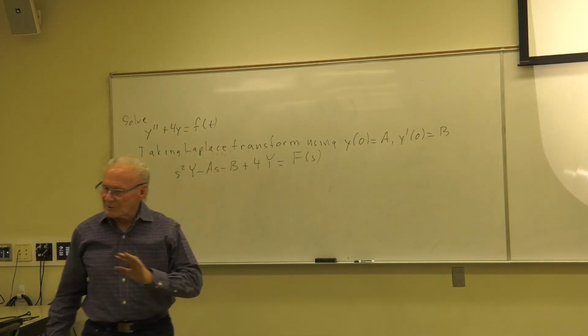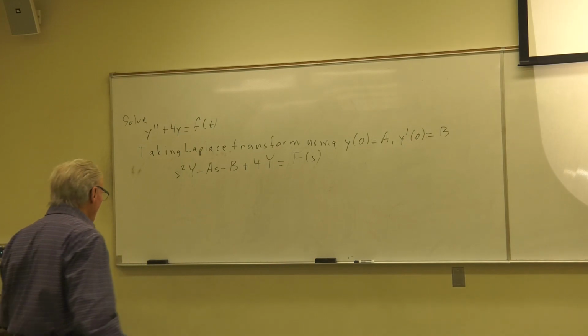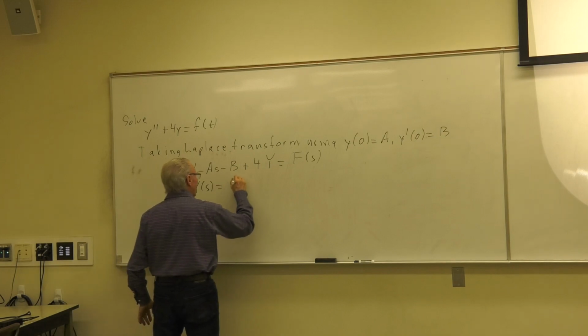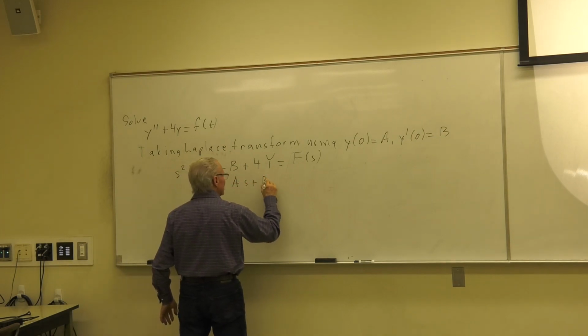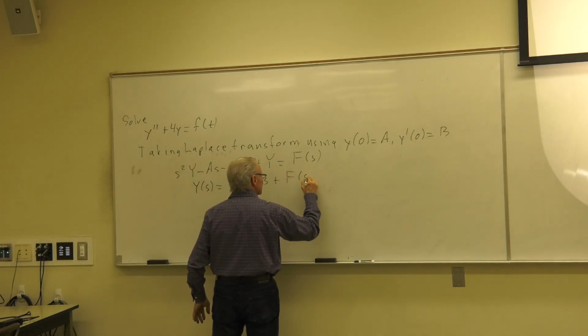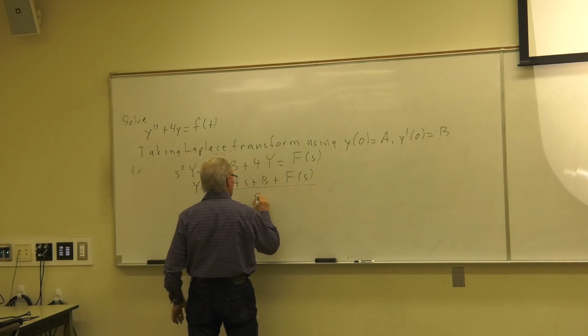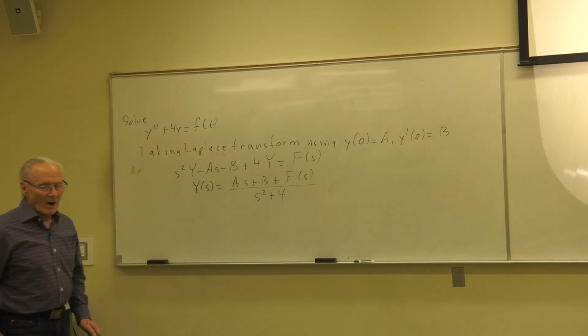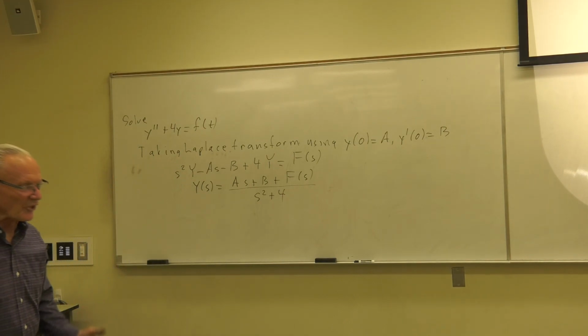Don't know what it is, and I don't know what the f of t is. Solve: big Y is equal to as plus b plus f of s all over s squared plus 4. All we have to do is invert.